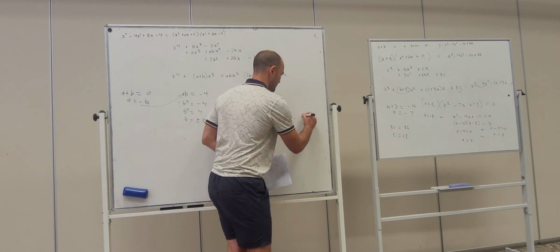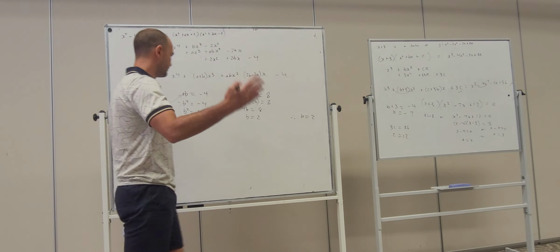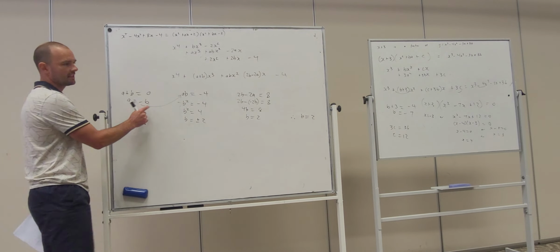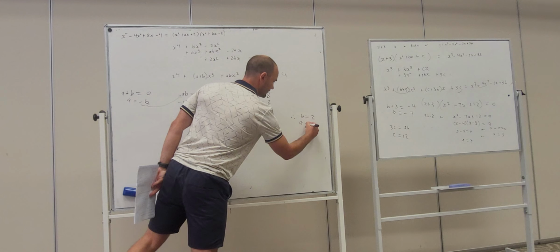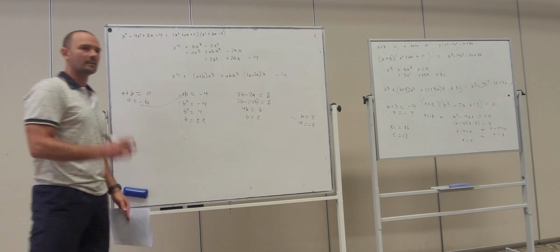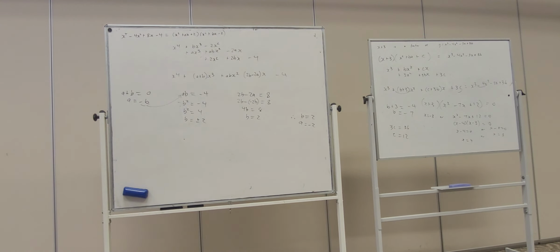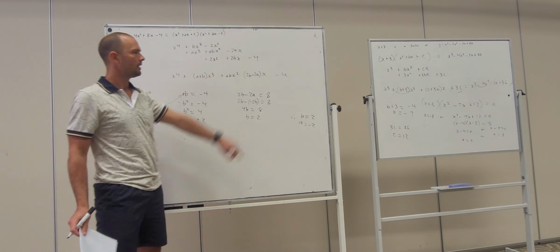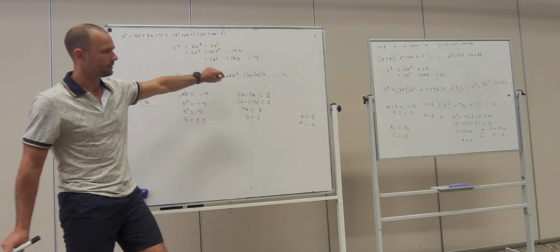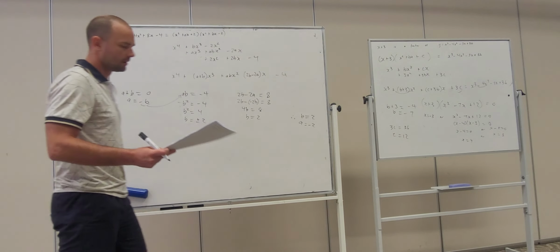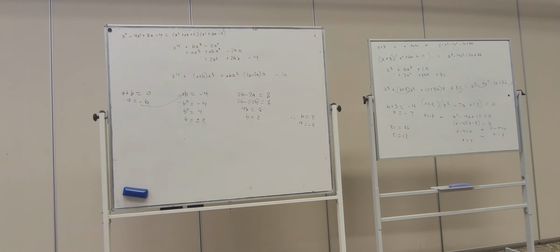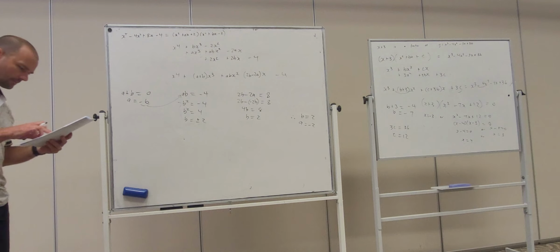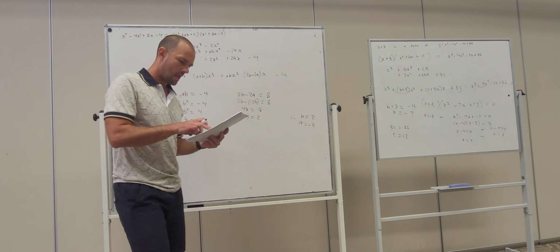Therefore, b has to be positive 2. And if b is positive 2, then a is going to be negative 2. It has to satisfy all of them, so with one like this, it's worth investigating. So that's the first part done. We've found the values of a and b.